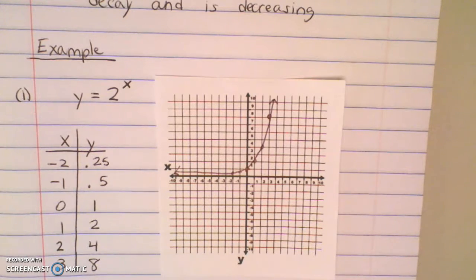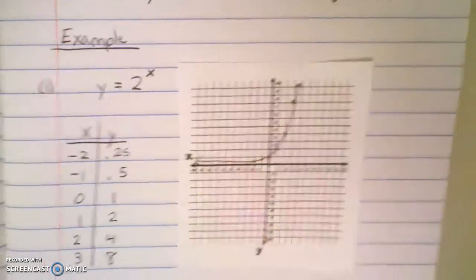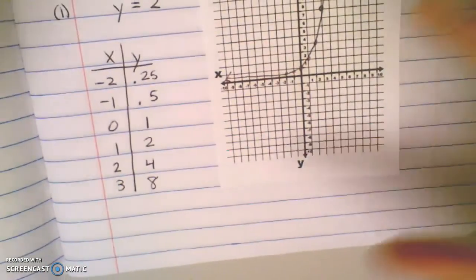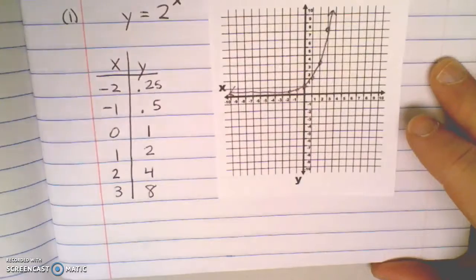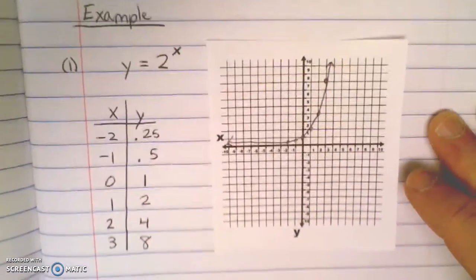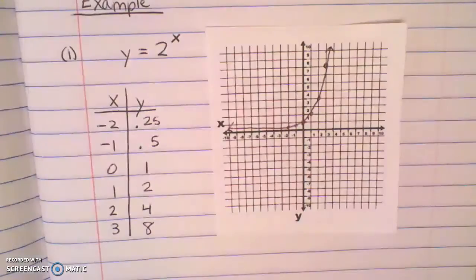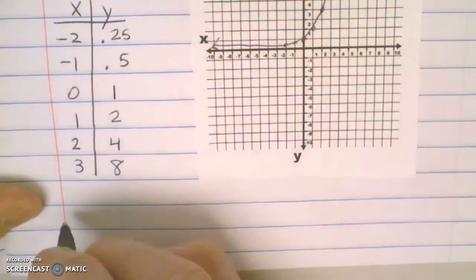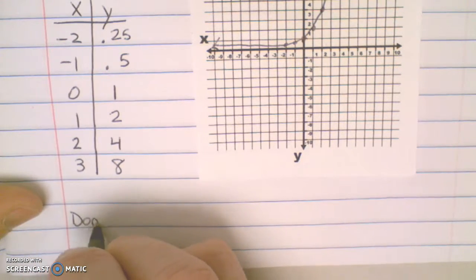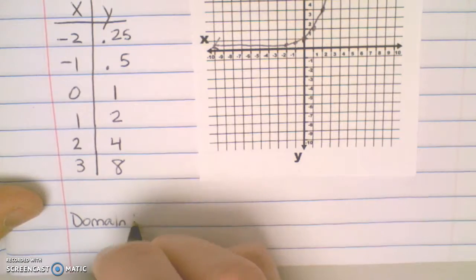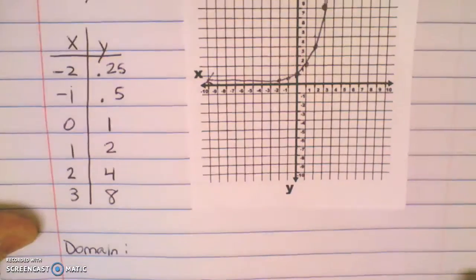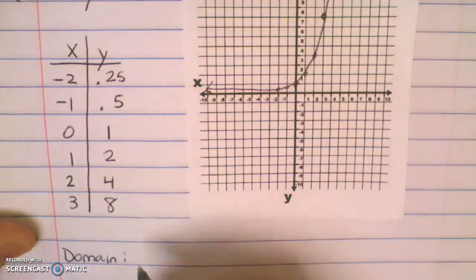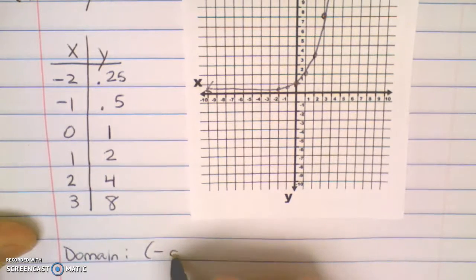All right, some last pieces here we can talk about are domain and range, and then we'll look at an example of decay. All right, the domain for this graph, since it's going on forever in both directions, is just -infinity to infinity.